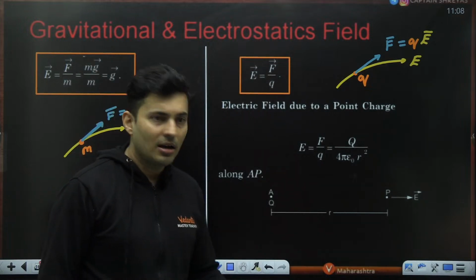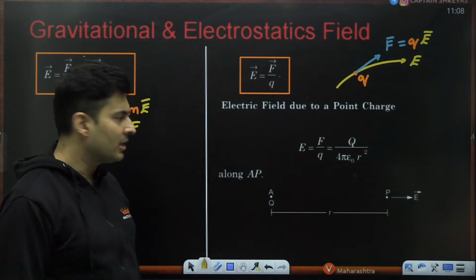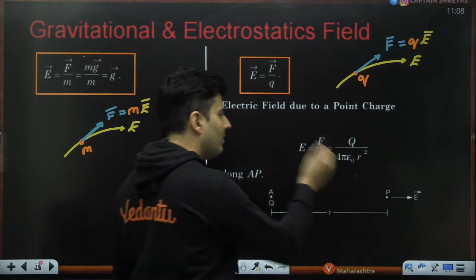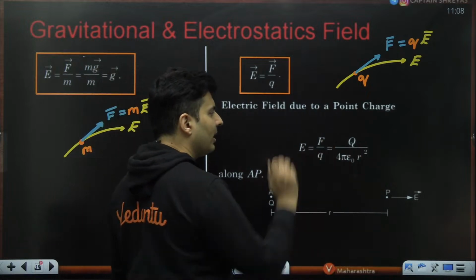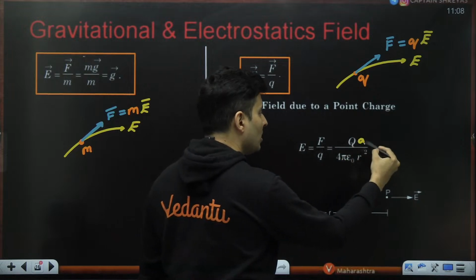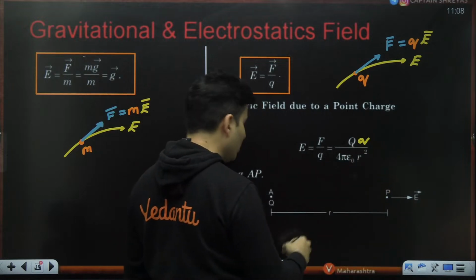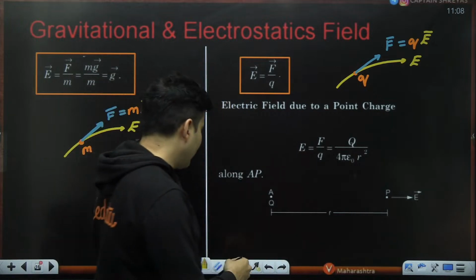If you take a single point charge and you try to find the field due to that point charge, the formula is 1 by 4 pi epsilon naught, which is that constant, into the charge divided by r square. Just remember, the force had kqq divided by r square. Now that q is not there because you have divided the force by the charge to find out the field.